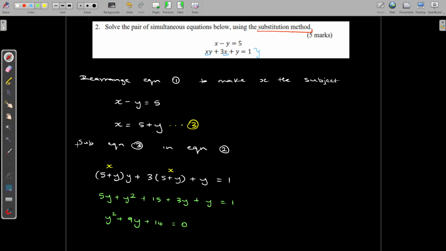We could use the quadratic formula to solve it. We could use the AC method, we could use completing the square. Whichever one suits you best, that's the one I would advise you to use when solving such a question. The question didn't specify any particular method to solve the quadratic, so we could use any method that suits us.